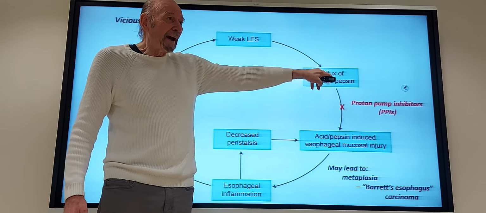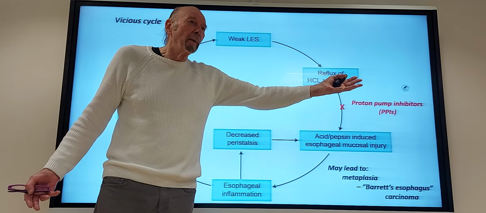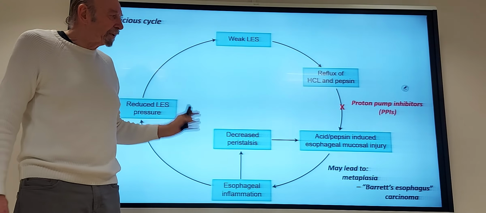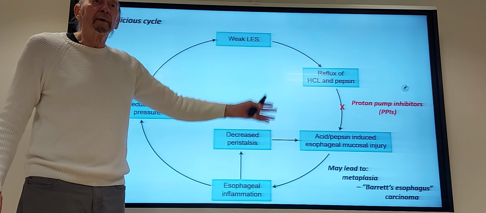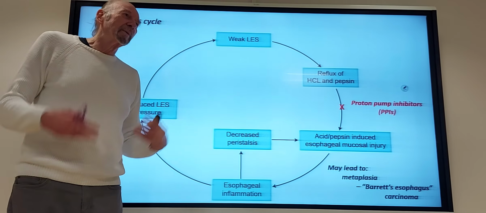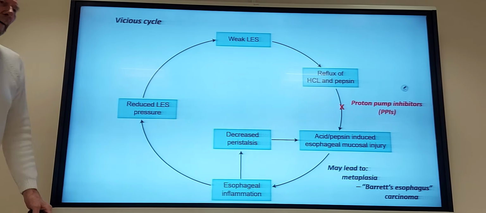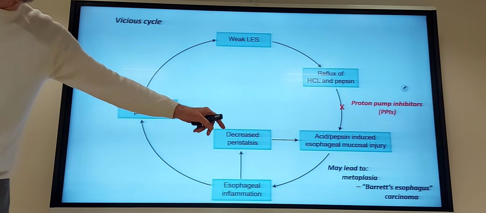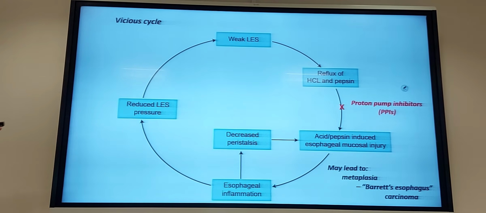And if you get rid of the acid, pepsin doesn't work anymore, okay? Not effective. And the proton pump inhibitor will stop this. But essentially once you injure, it keeps going, more injury, weaker muscles, etc. Then you get GERD. The problem with GERD is Barrett's esophagus, and the tendency for, I have another slide, developing carcinoma.